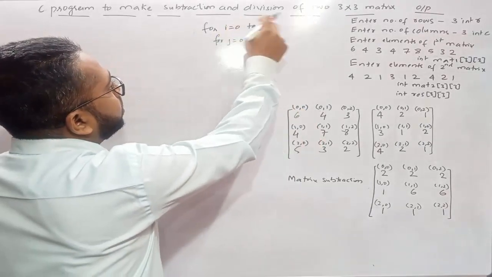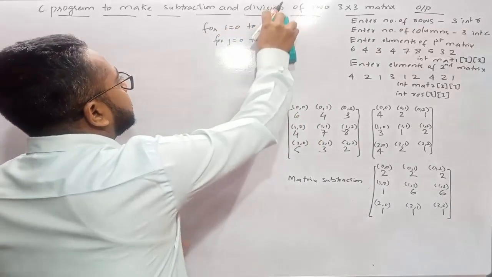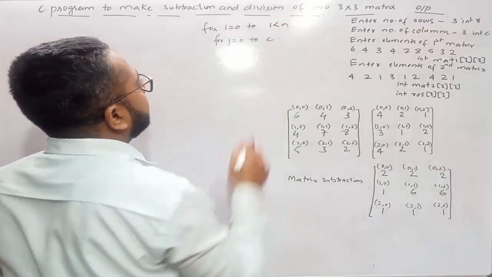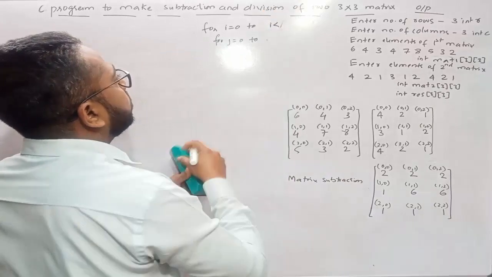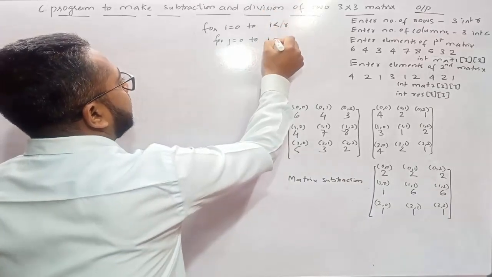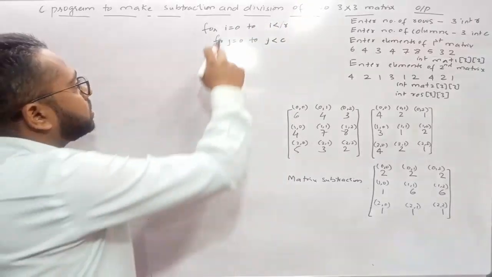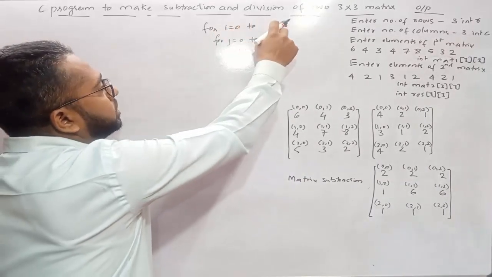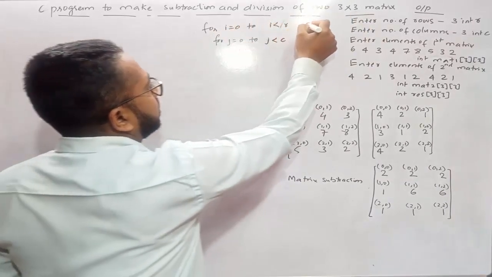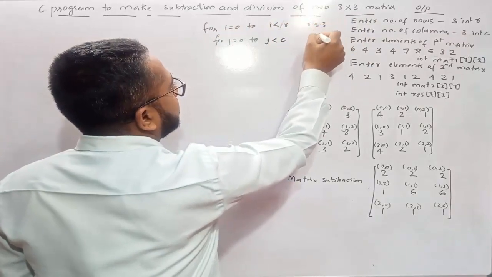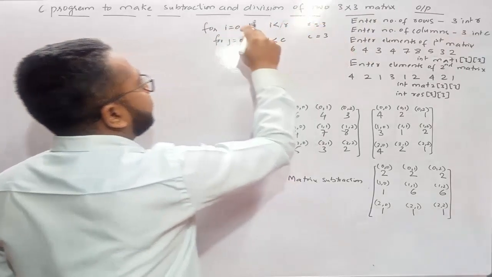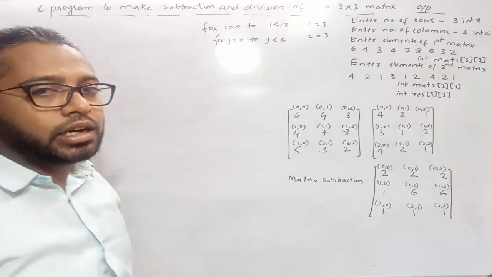The condition is i less than rows, and j less than columns. First the i value is 0, 0 is less than 3, r is 3, c is 3. 0 is less than 3, yes, the condition becomes true.